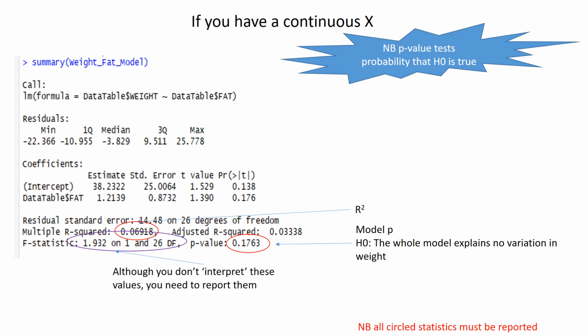But when you are writing up your results, you would say our model explained no variation in weight. Then you would say R squared equals 0.07, p-value equals 0.18, and F statistic, F equals 1.932, and DF, degrees of freedom, equals 1 and 26. Right, so you would report those results in a bracket.